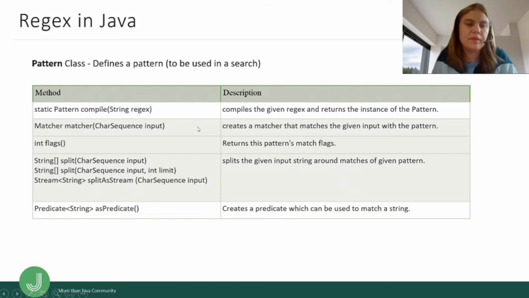Then we can get the Matcher from that pattern. We have the flags method. I will show you how it works a bit later. We can split a string by using regex, and we can create a predicate from a pattern.